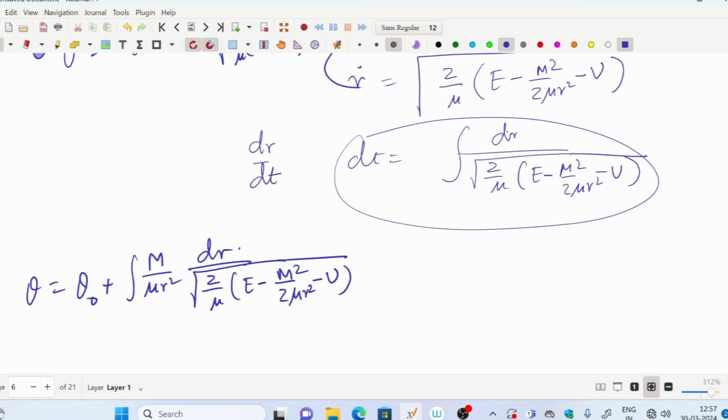So, theta 0 plus m by mu is constant, so we can write dr by r square.